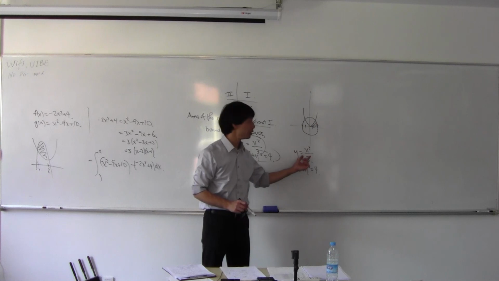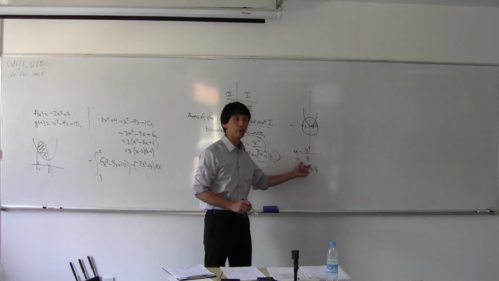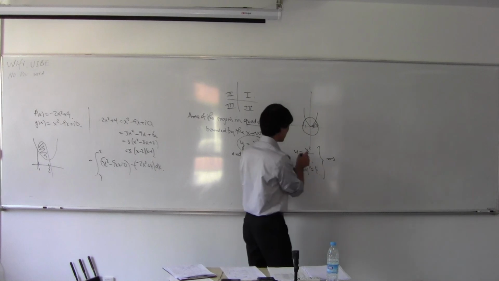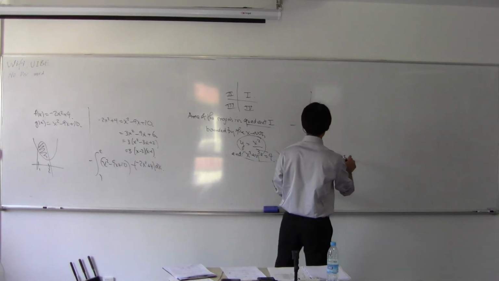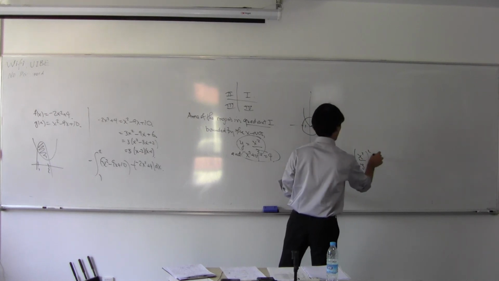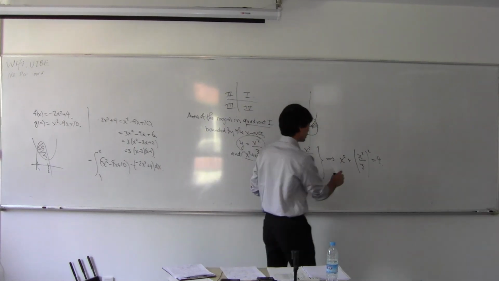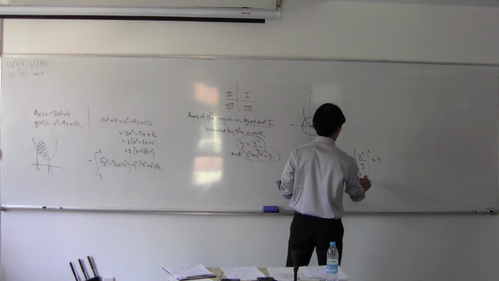Y has to be x squared over 3, and x squared plus y squared has to be equal to 4, right? So substituting this into here, you get x squared plus x to the 4th over 9 equals 4.